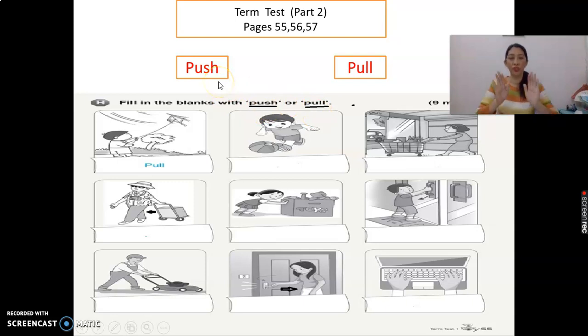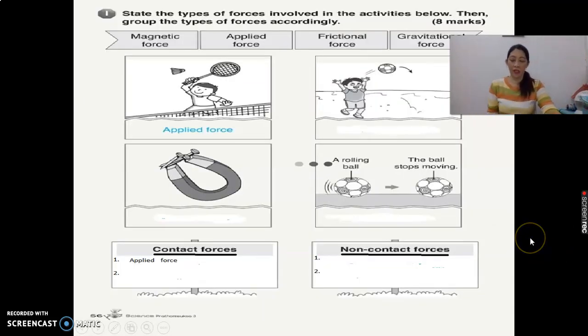So push, then pull. Next, letter I: state the types of forces involved in the activities below. Then group the types of forces accordingly.